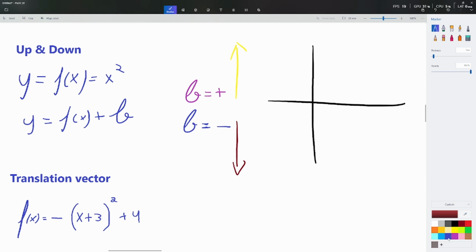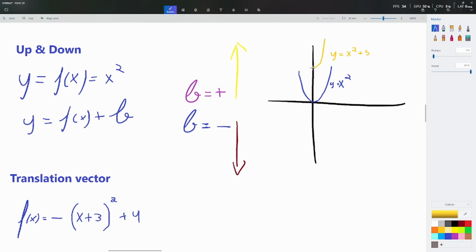I think it's as easy as this. So if you have your x squared, this is y is equal to x squared, and you have your other example, which is y is equal to x squared plus 5.